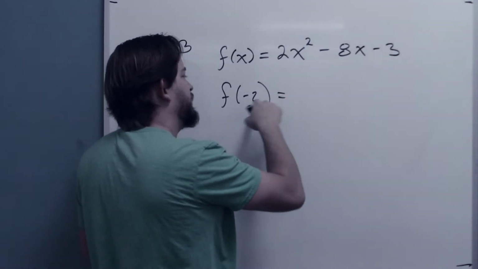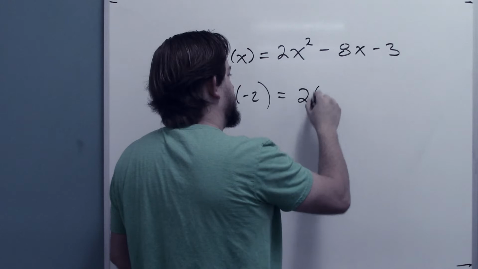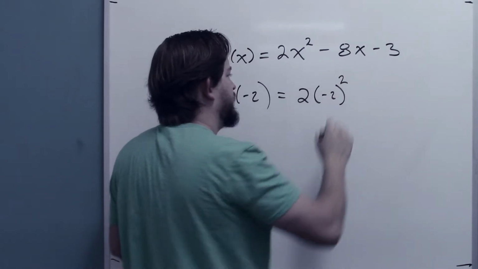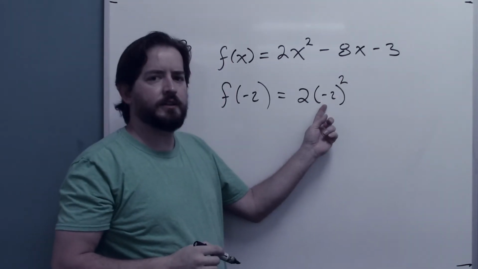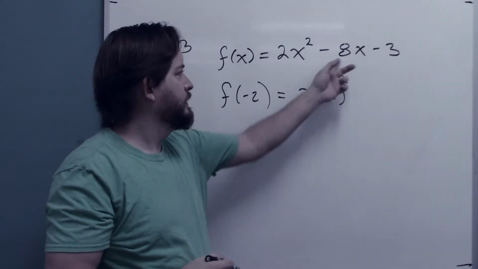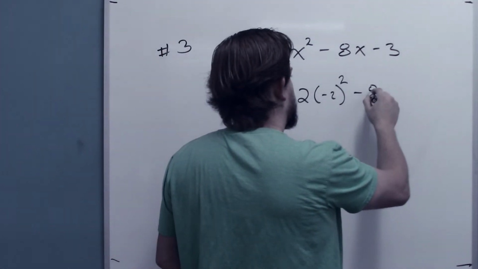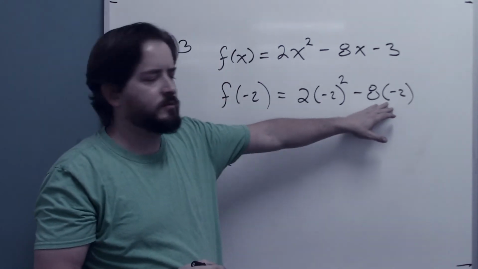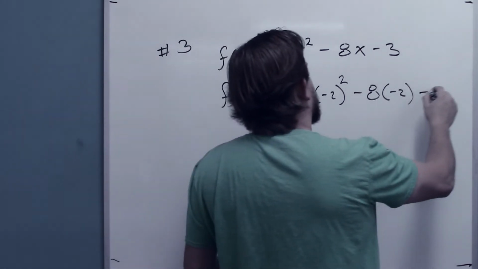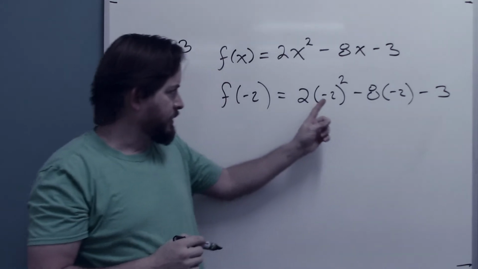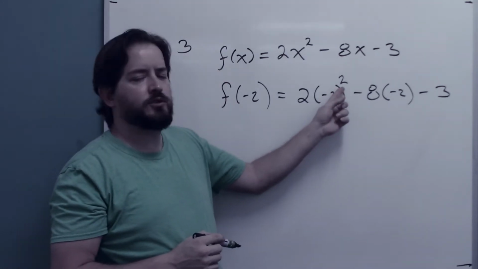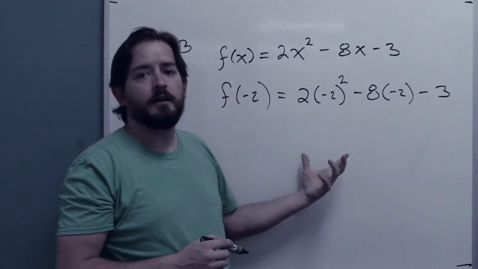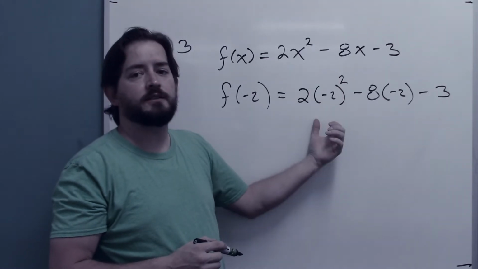But I have to be careful because it's a negative number, so when I take -2 and square it, this is where they're expecting you to mess up. Then -8 times -2. Fewer people mess up here, but it still happens. And then -3. The mess up here is when you say -2 squared is -4. It's not. -2 squared is +4.